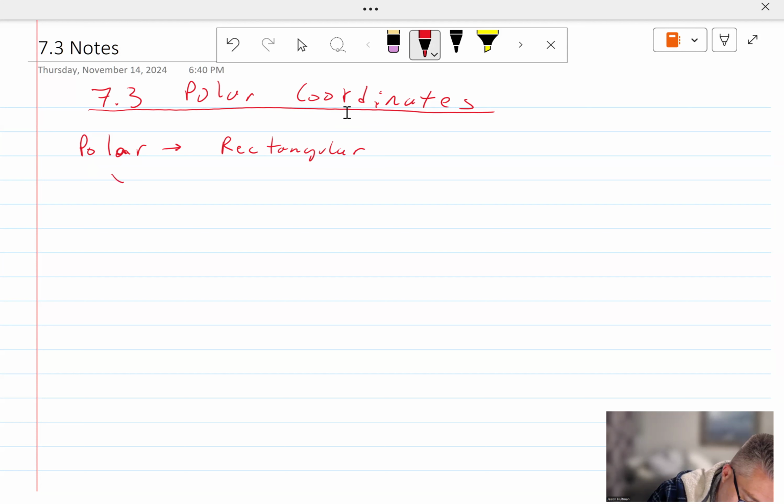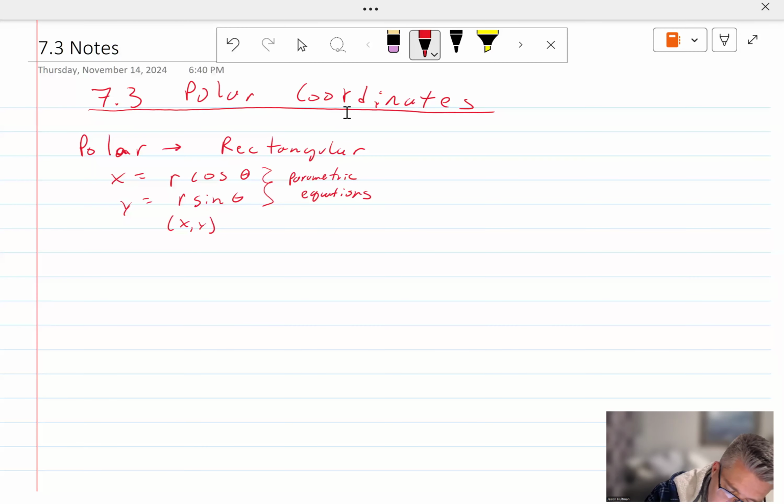I say x is equal to r cosine theta, and y is equal to r sine theta. So these act very much like parametric equations. x equals r cosine theta, y equals r sine theta, very similar to parametric equations. This is if I want to go from polar to rectangular. That will give me an x, y.